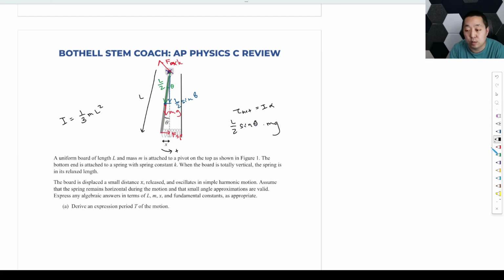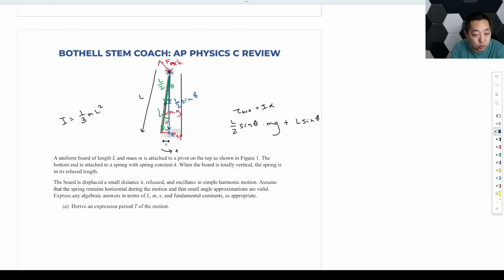This is also going to be a positive torque from the spring force. You draw the R vector from there to there. That's L. The x here is actually just L sine theta, so we'll probably do that in terms of L sine theta. Actually, sorry, no, take it back.